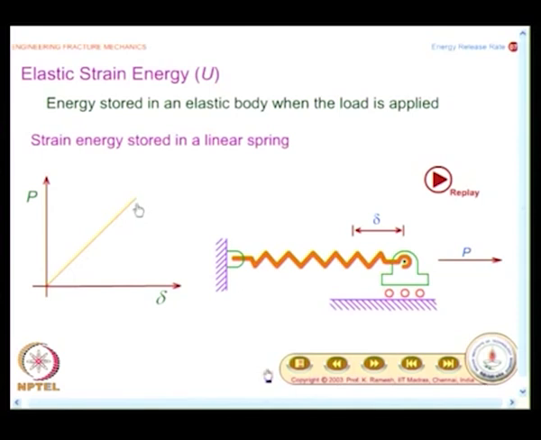This is very important, and the deflection of the spring is delta when P is applied gradually. So, the area under the curve is the energy that is stored within the spring. You all know about it. Because P is applied gradually, you find elastic strain energy U equal to 1/2 of P into delta.